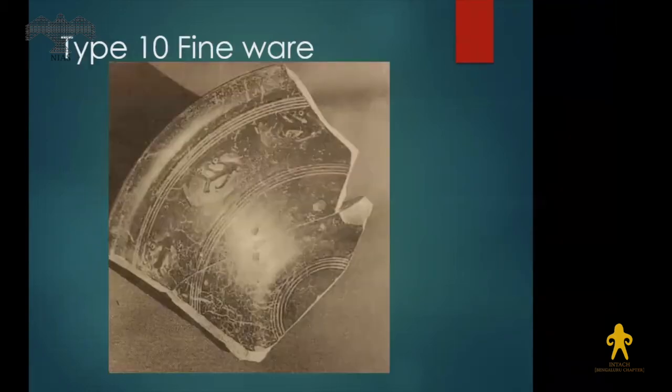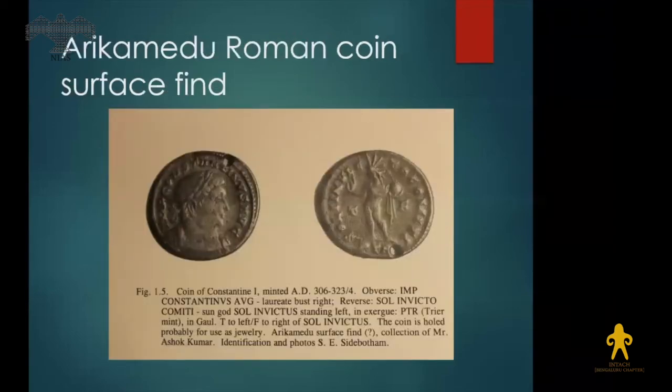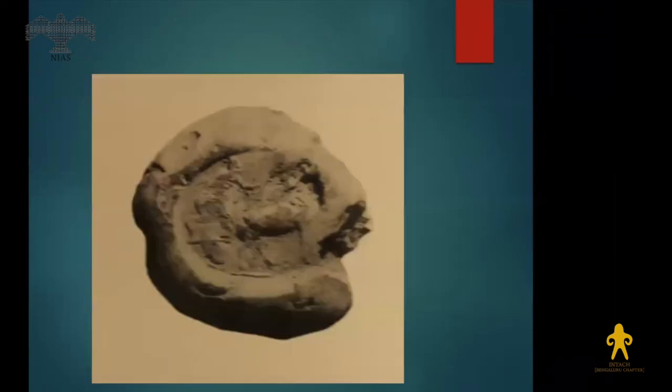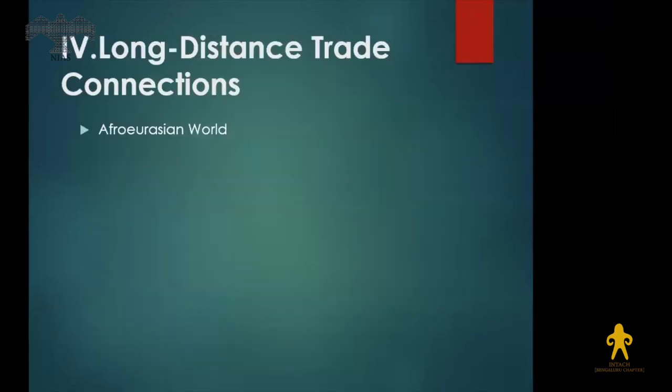We get these kinds of pottery with stamp impressions. They are very similar to those found in Bengal. We have evidence of, as I said already, a Sri Lankan connection. We have a lot of connections and interactions happening. This was a coin found from Arikamedu, from a surface context. So they definitely indicate the connections.